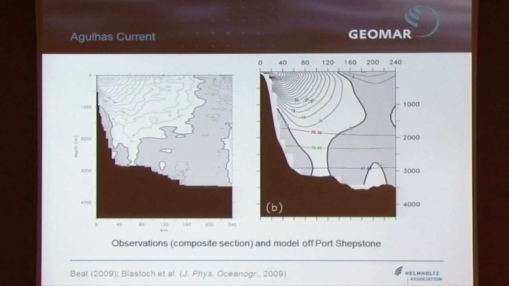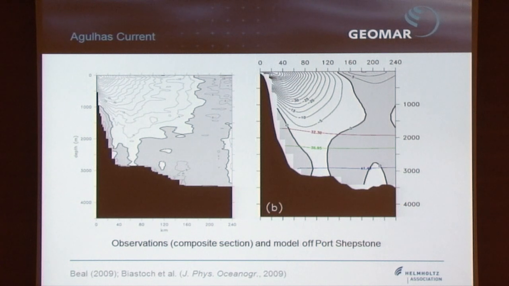Harry Bryden, of course, made 1 or 2, if not 3 of them, but compiled by Lisa Beal. And on the right, you see a long-term mean of the model. In both, you see basically the typical V shape. You see the right velocity structure. You see the correct transport, which I will show in the next slide. And you also see some Agulhas undercurrent, not so confined to the shelf, a little bit broader, but of the correct transport.